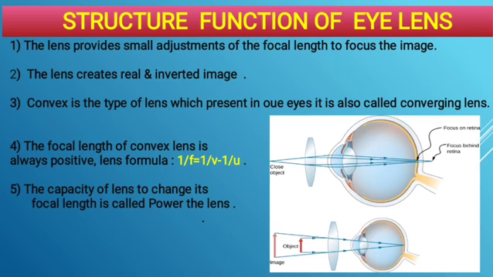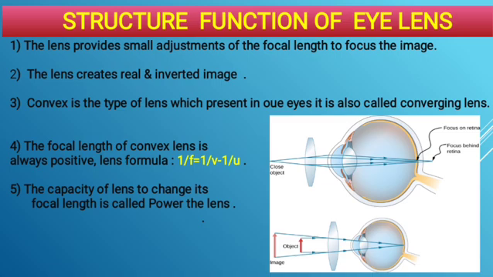For a normal human eye, the near point is at 25 centimeters. The farthest distance of an object from the human eye at which it is clearly visible without stress on the eye is called the farthest distance of distinct vision. The position of the object at that distance is called the far point of the eye. For a normal human eye, the far point is at infinity.